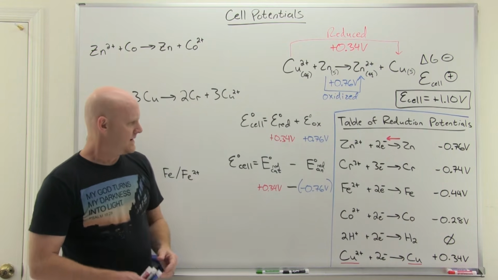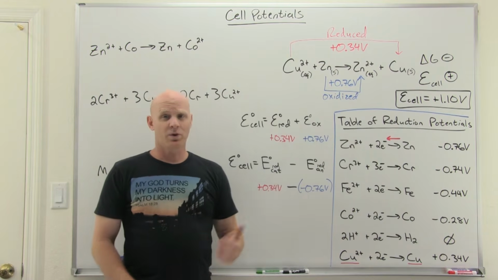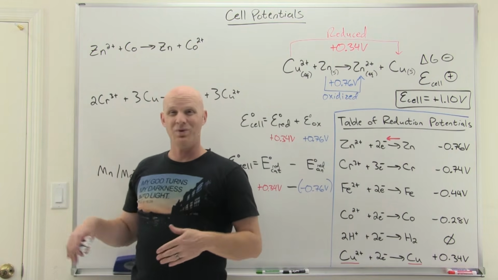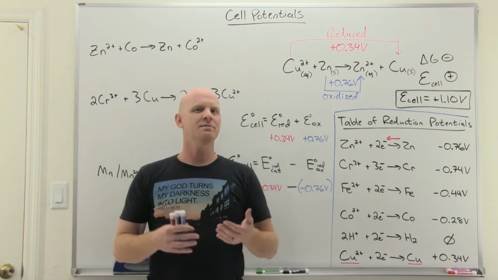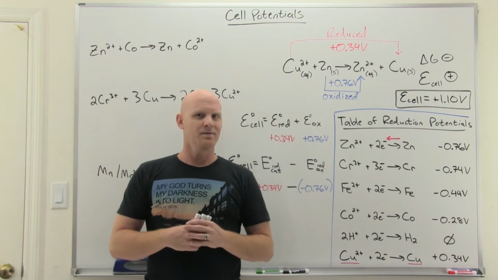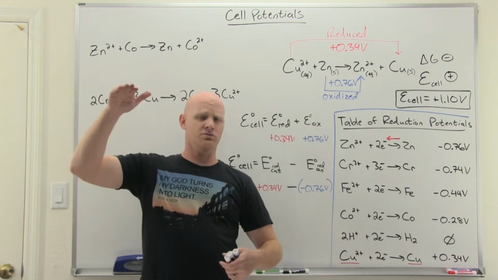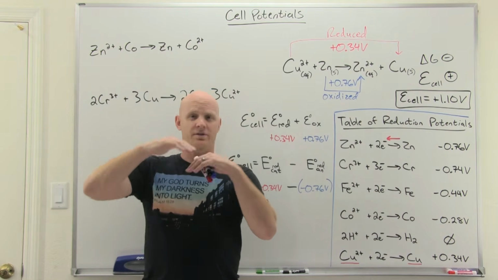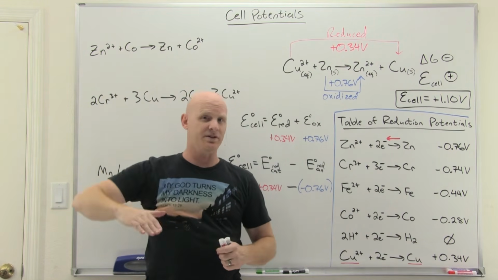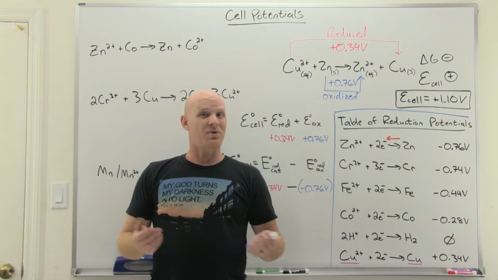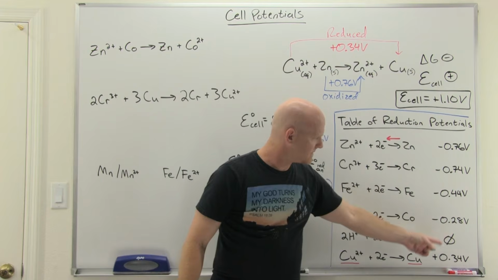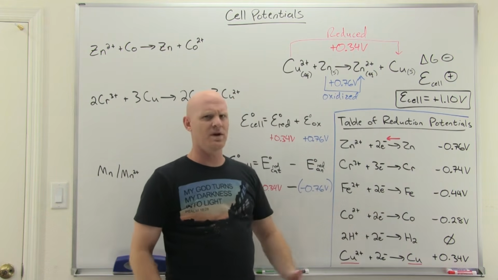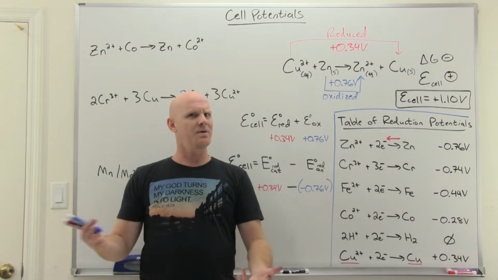All right. Now, we've done one example. We'll do a few more here in a second, but we have to talk about the relativity of voltage. It turns out voltage is a funny thing. We can measure voltage changes, but we can't say that something has so many volts. It's always relative. It's just comparing two things. And so that's kind of a problem. We've got voltages ascribed to each one of these reactions when it's all by itself, not being compared to anything.